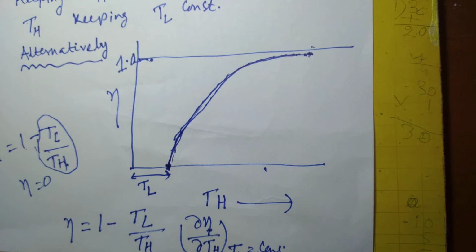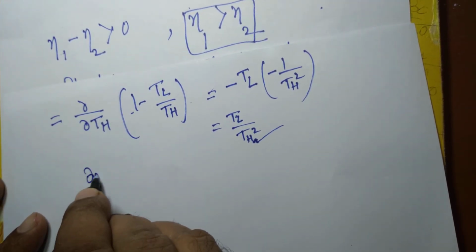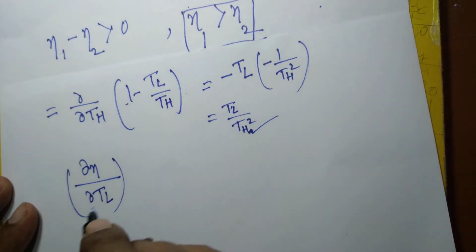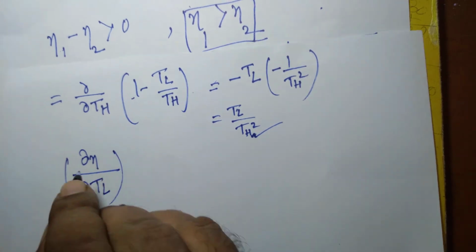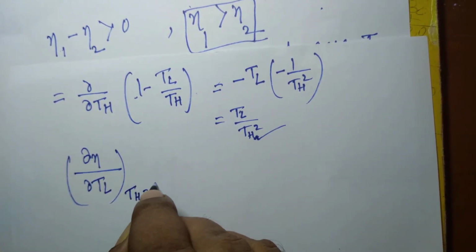Now the second case: the slope of this efficiency versus TL curve, where TH is constant.